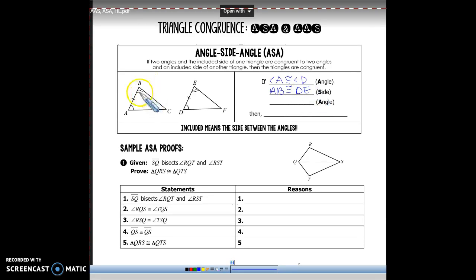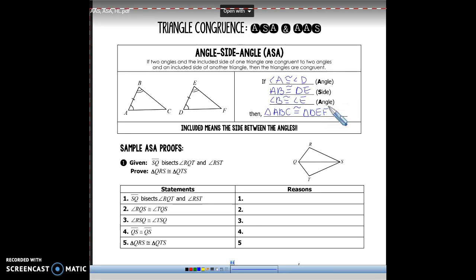And then our second set of angles, angle B, is congruent to angle E. If those three things are true, then our two triangles are congruent. So triangle ABC would be congruent to triangle DEF.